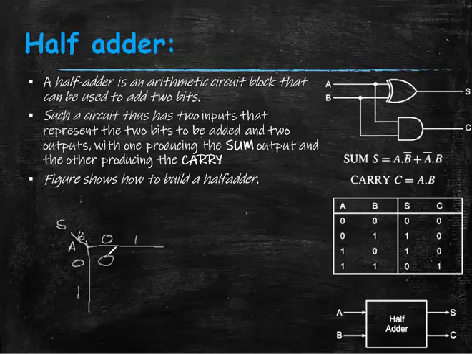For A equal to 0, B equal to 1, the result is 1. For A equal to 1, B equal to 0, it is also 1. And for A equal to 1 and B equal to 1, it is 0.